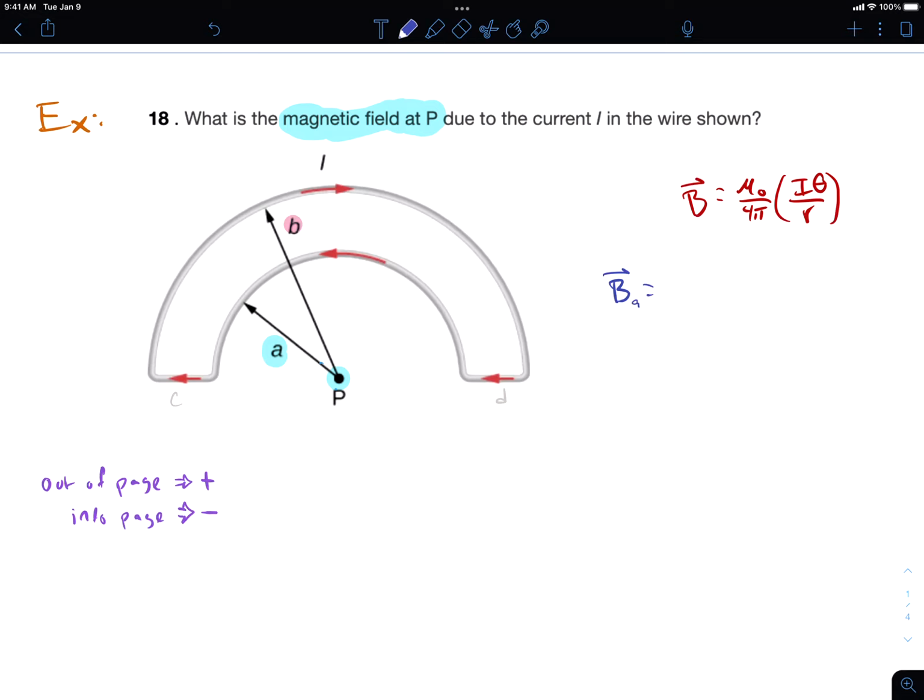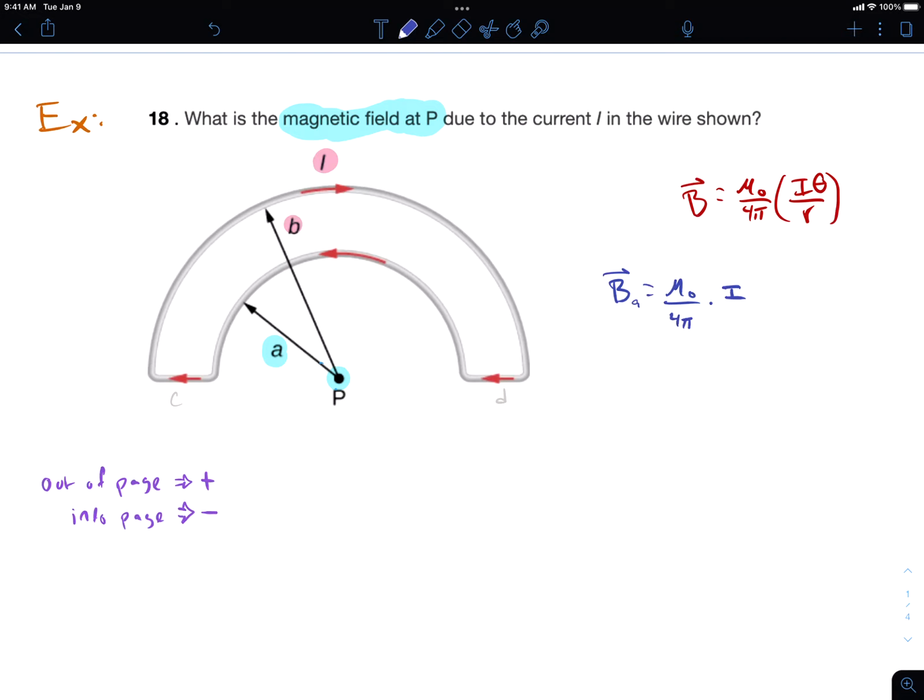It's going to be more about using variables to set up a solution. So let's see what we can plug in. First we have our constants, mu naught over 4 pi. And I know that I have a current I. Whatever it is, we're just going to leave it as I, so this could work for any current they want to plug in.